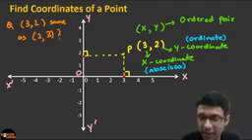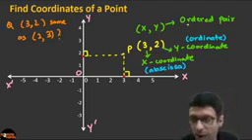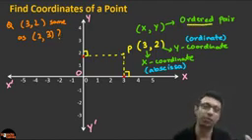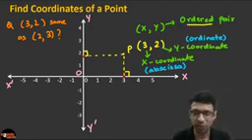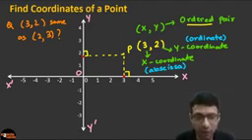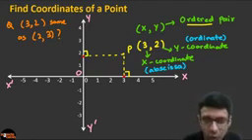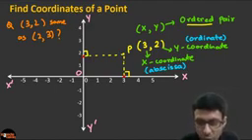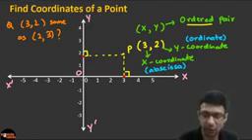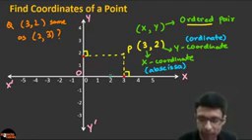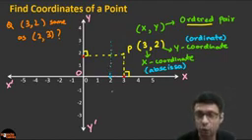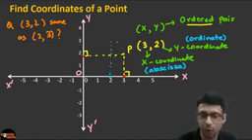That is why it's called an ordered pair, because the order is very important, right? Where will 2, 3 be? 2, 3 is going to be somewhere here. Let's plot it. So 2, 3 means 2 is the x value, and then we go 3 up on the y-axis.